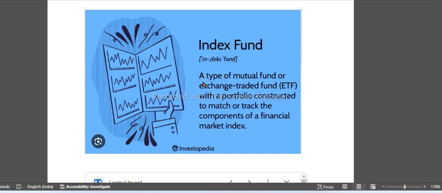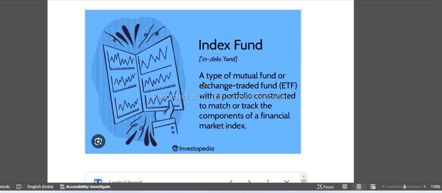If you have a mutual fund, you cannot trade it in the live market, but if you have an index ETF, you can trade in the live market.